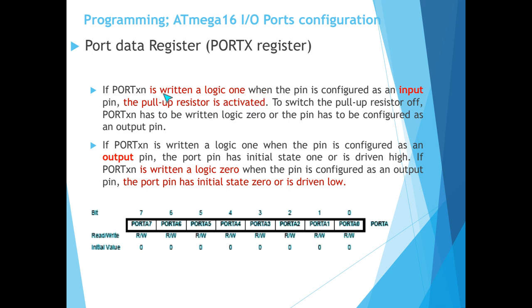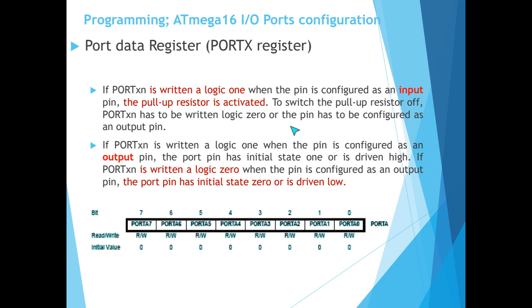And to switch the pull-up resistor off, port Xn has to be written logic 0, or the pin has to be configured as an output pin.